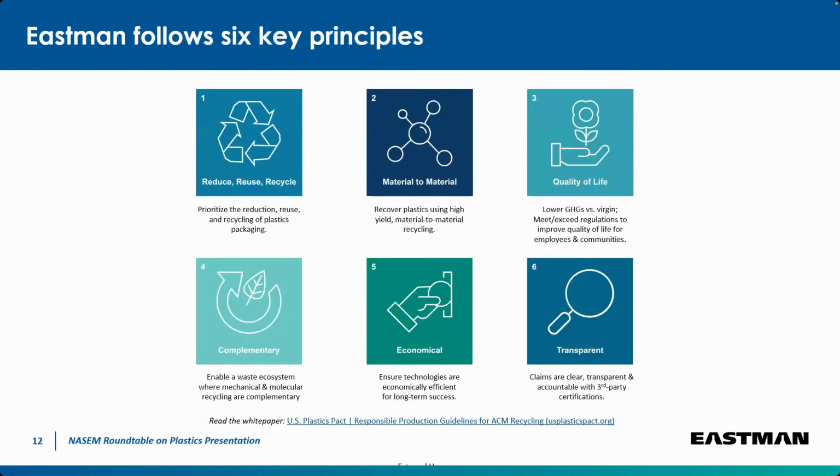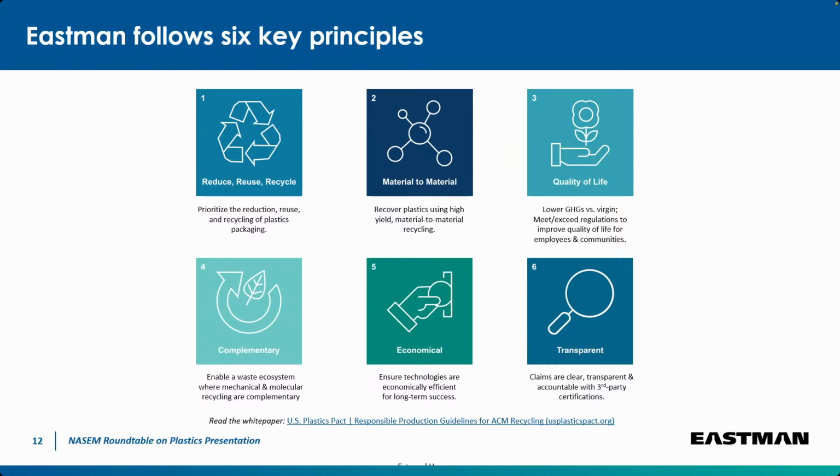So with this, from an Eastman standpoint, we have been very intentional in terms of how we are looking at where and how our plastics are going to help to create a circular economy, and particularly with the technologies that we're talking about with these molecular recycling technologies. We believe that it's critical that we adhere to some strong principles for ourselves in terms of our performance.